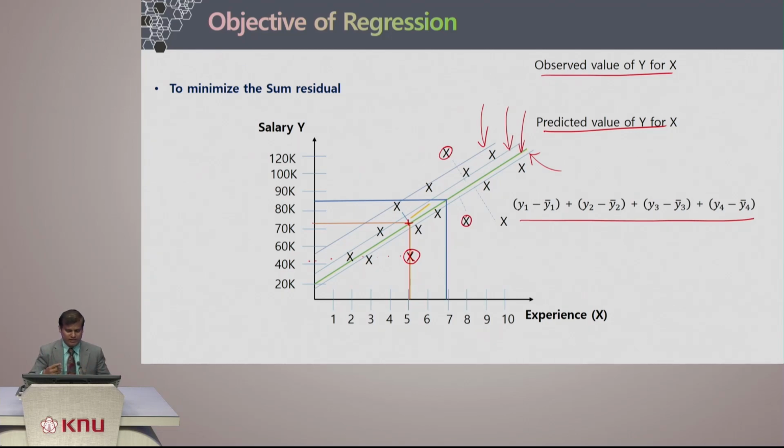To make it easier, let me give some more examples on that. Just imagine that you are trying to estimate this error for this green line. In that case, suppose I start from here, this observed value of x, and here is the predicted value for x. In fact, observed values are given here.